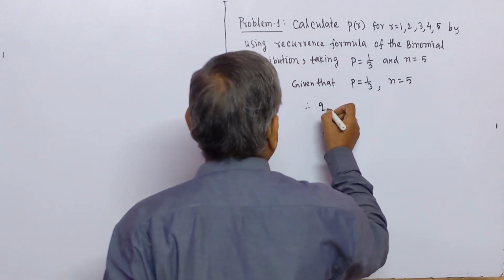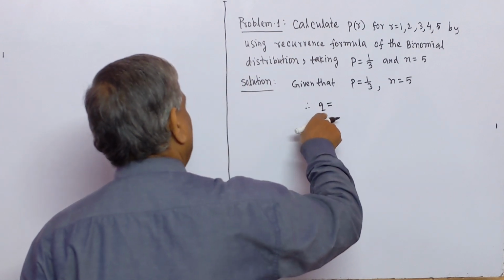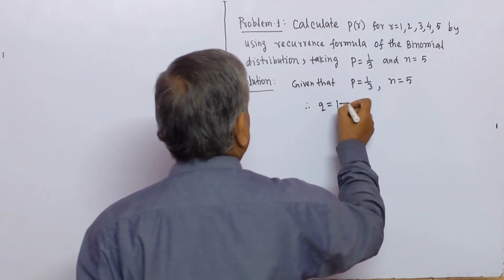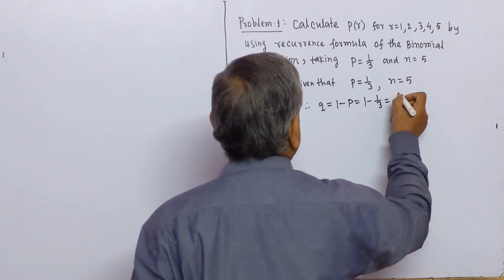Therefore q, means probability for failure in a trial, is 1 minus p. This is 1 minus 1 by 3. This is 2 by 3.